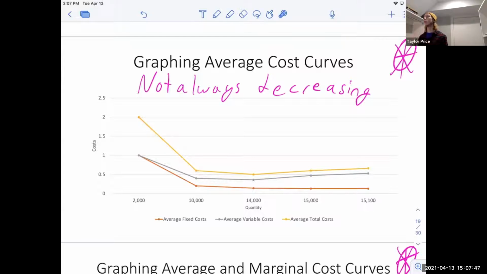But there is a point where those costs will start to increase. So it's not always going to be this constant decrease. Frequently, you'll see something where you hit a low point, and then from that low point, you start slowly increasing. So you have another similar U-shape like we previously mentioned. It's an important reminder that the average costs are not always decreasing.